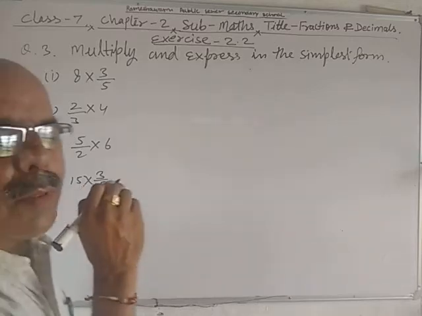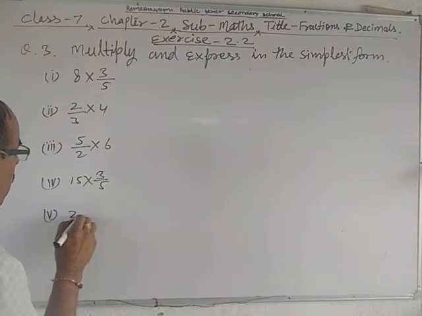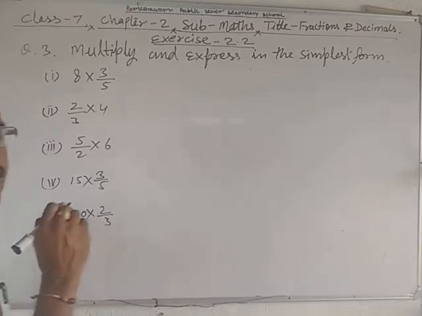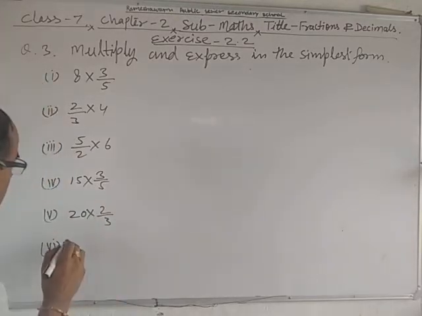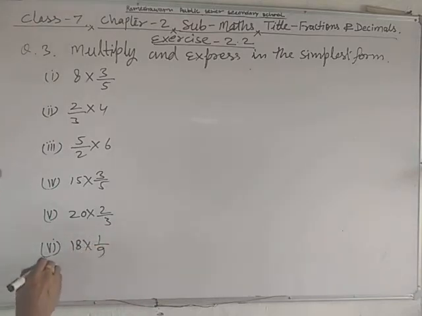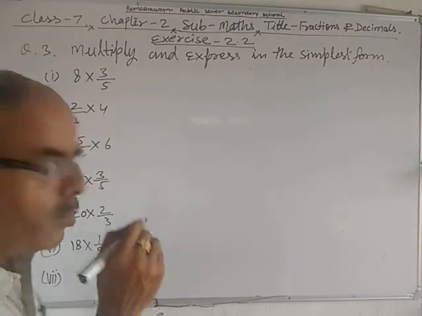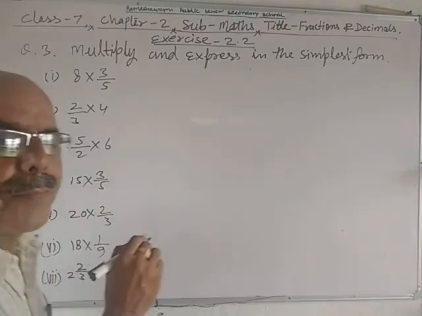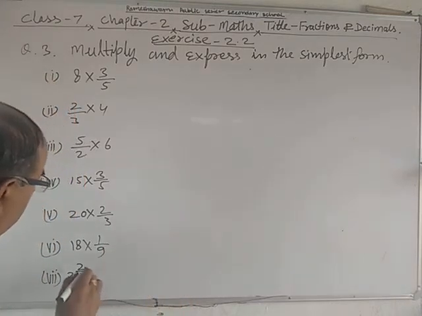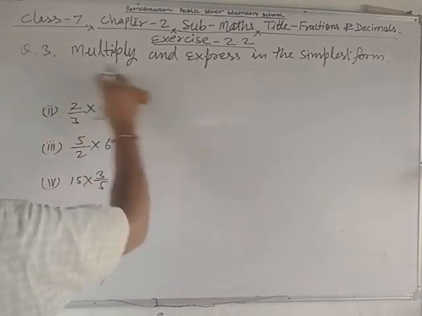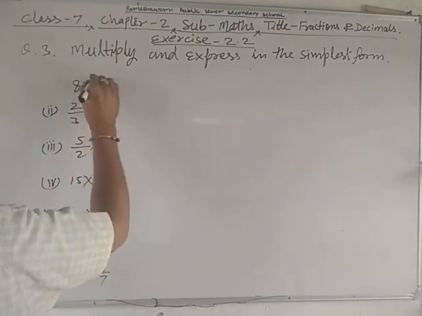The fifth is 20 into 2 upon 3, and the sixth is 18 into 1 upon 9, and the seventh is 2 upon 3 into 6 upon 7.